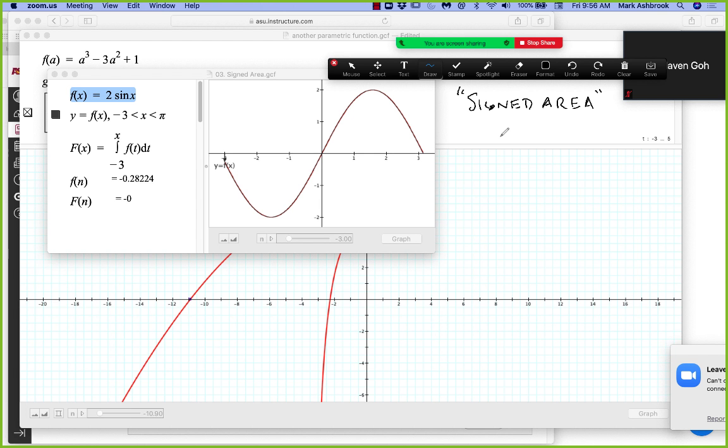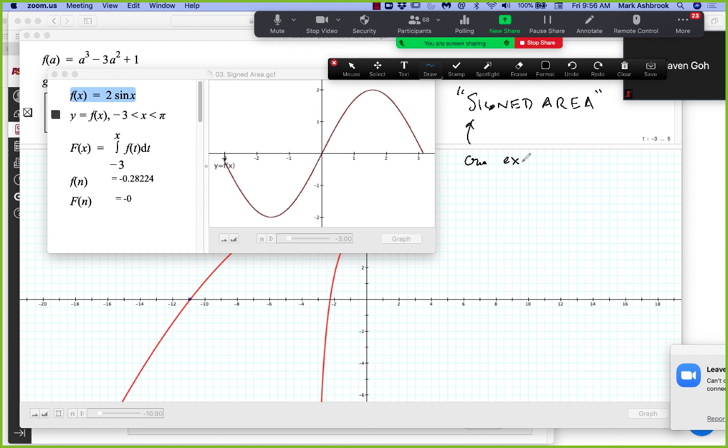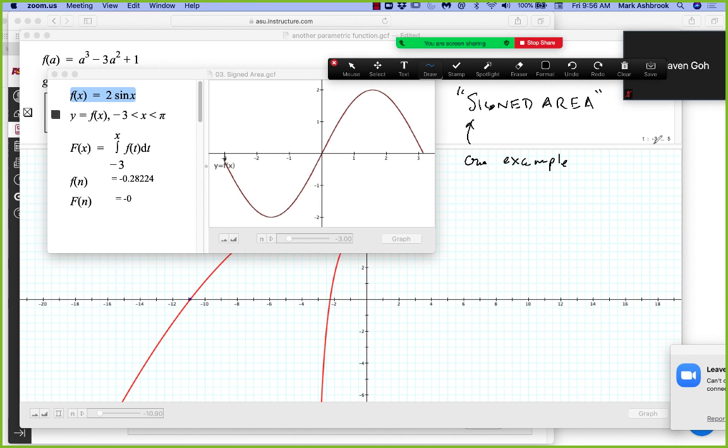You want to know how much of it you have. So signed area was one example of an accumulating quantity, and we applied our accumulation function to that.